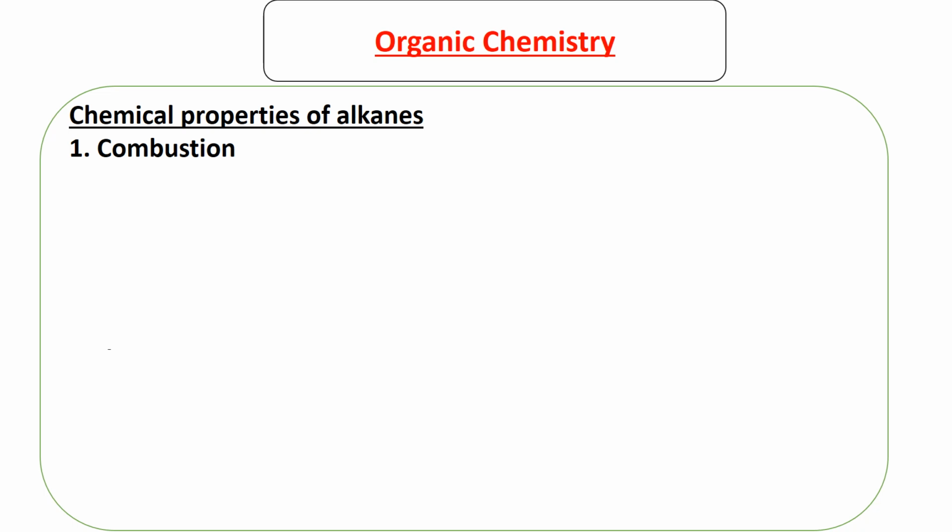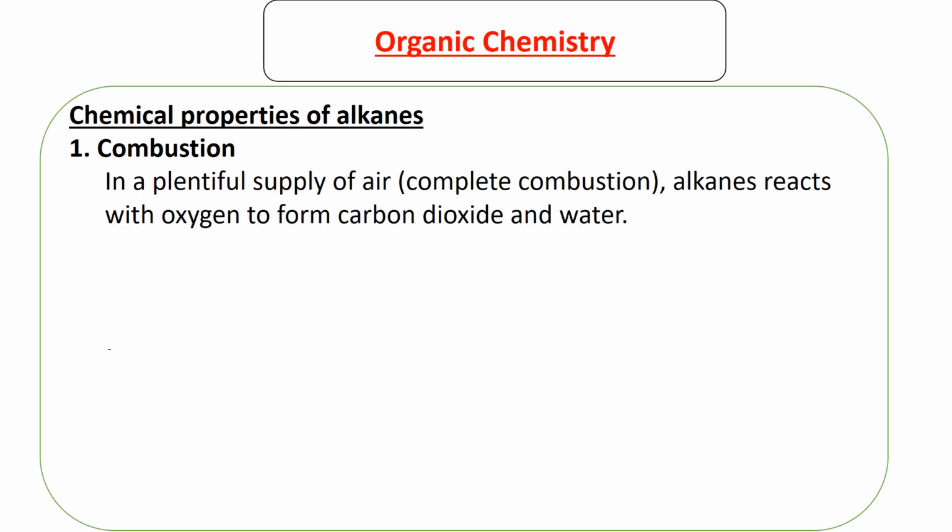We talked about complete combustion, which occurs when there's enough oxygen in a reaction, and in such a reaction, carbon dioxide is one of the products. With that being said, in a plentiful supply of air, alkanes react with oxygen to form carbon dioxide and water. Here is an example. We have this alkane, it reacts with oxygen and produces carbon dioxide and water.